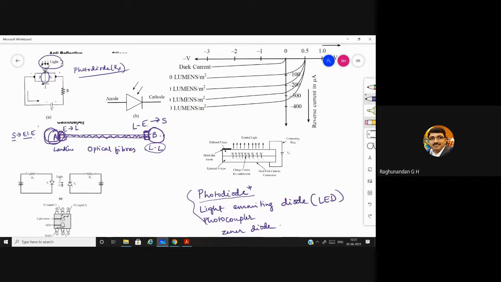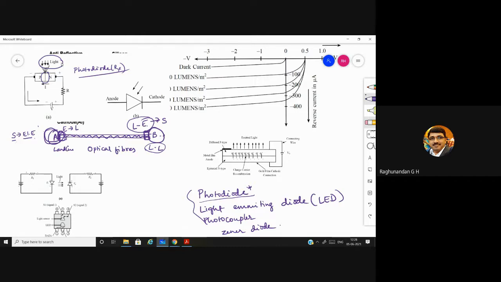If you make this diode forward biased, whatever information is sent will be lost, because the signal is different and the energy is different. So light and electrical signal should be the same. That means they should be equivalent. This is light equivalent, this is electrical equivalent. When you make them equivalent, the information present will be the same, and he will get the information he is giving.